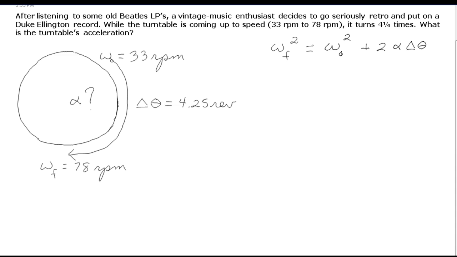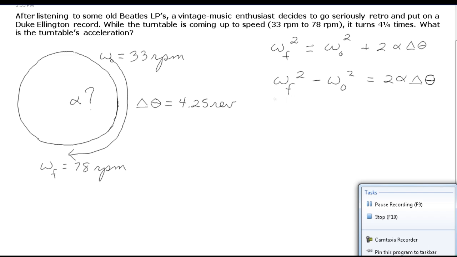So here's the equation we just chose. Final angular velocity squared will equal starting angular velocity squared plus 2 times the acceleration times the displacement. Now let's see. We want to find alpha, so let's rearrange this to solve. I'm going to subtract the omega 0 squared from both sides of the equation. So that'll be omega final squared minus omega 0 squared equals 2 alpha delta theta. And then I need to divide both sides by the 2 and the delta theta in order to get alpha alone on one side of the equation.